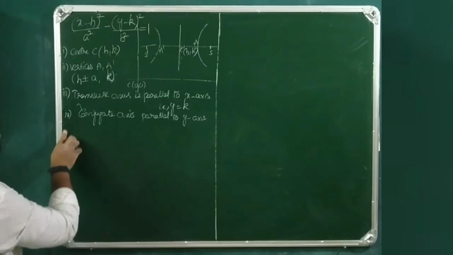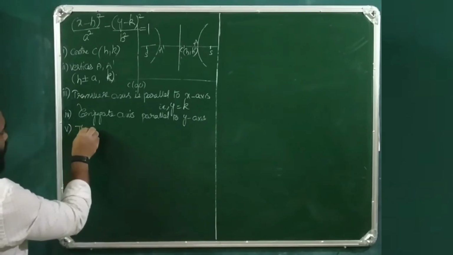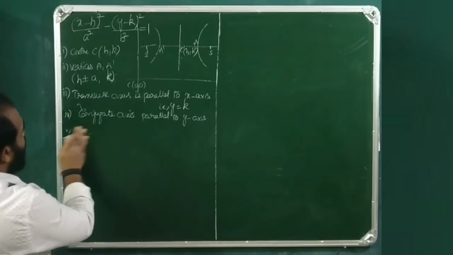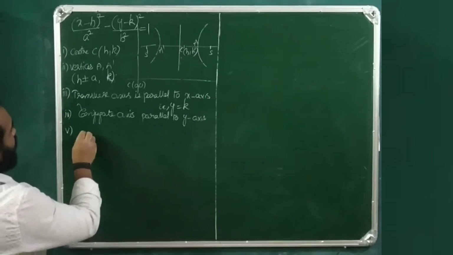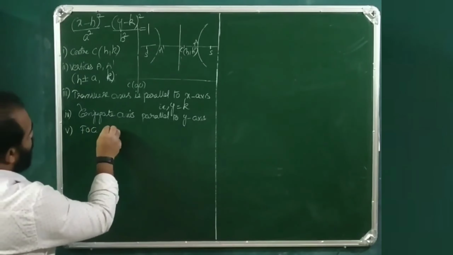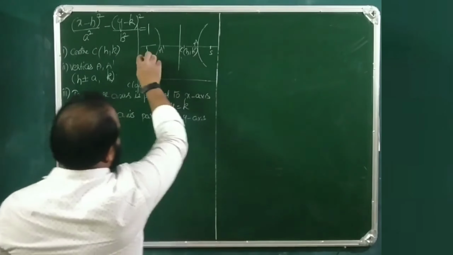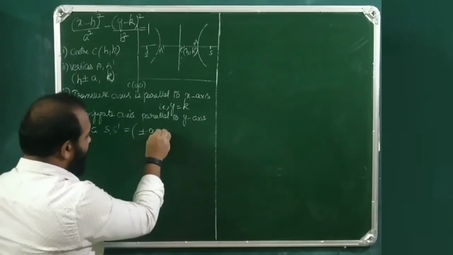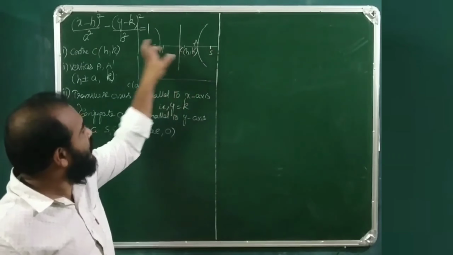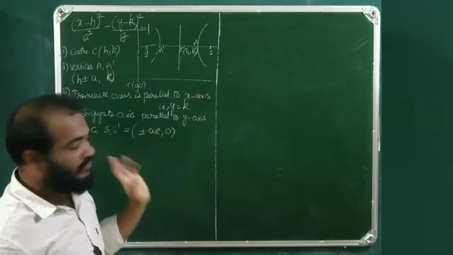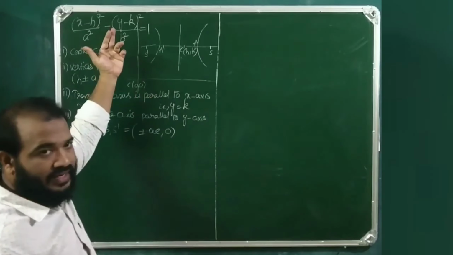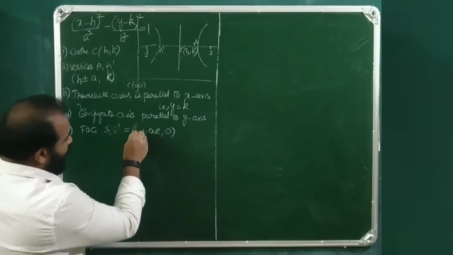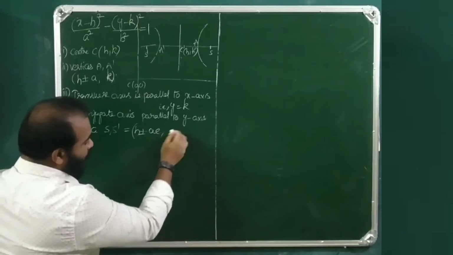Now the foci S and S dash: earlier they are plus or minus ae comma 0, this is ae comma 0, this is minus ae comma 0, as we have learnt for x square by a square minus y square by b square equals 1. With the x coordinate h added, and the y coordinate 0 plus k, which is k.